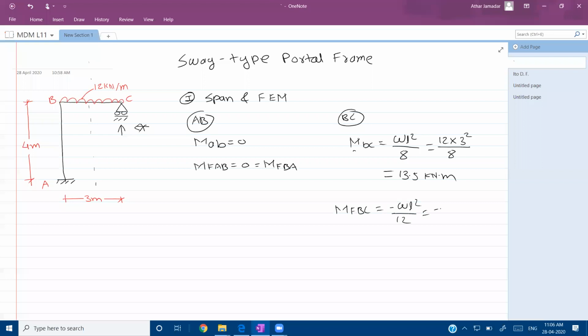So minus W is now 12 into L is again 3 square divided by 12. So it is going to be minus 9 kilonewton meter, and similarly MFCB will be plus 9 kilonewton meter.